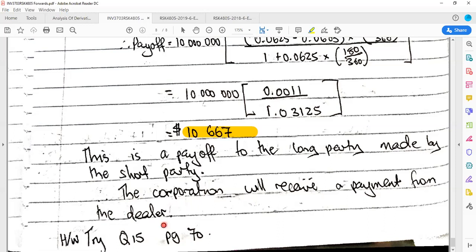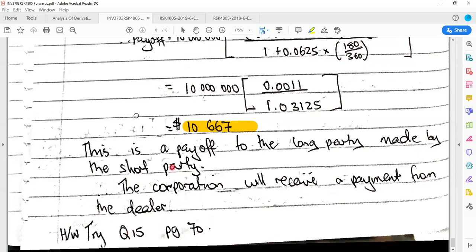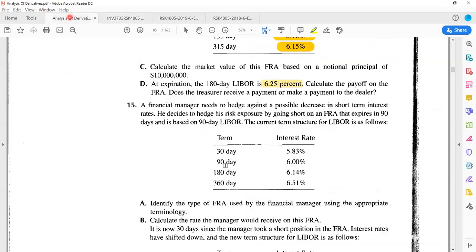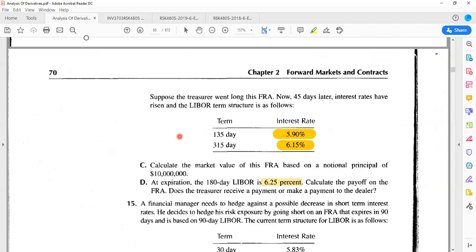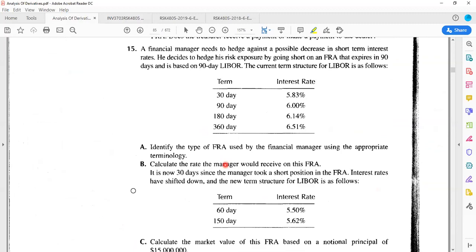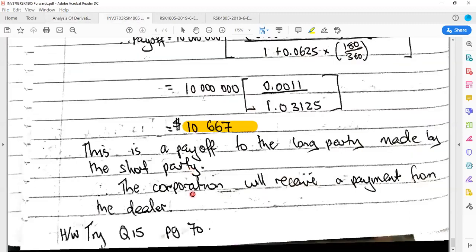So for homework, please try question 15 in the textbook. It's a similar question to what we were doing, but it's good for you to practice just to see if you can identify what your FRA rates are, what each term and terminology is being used, and how to do the calculation just to pick up certain mistakes.